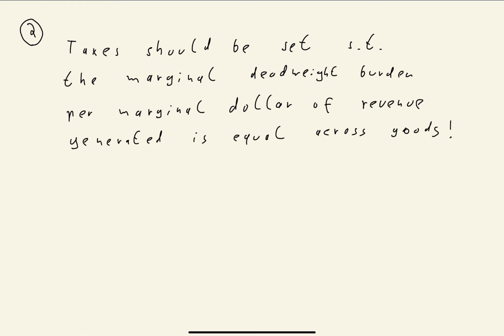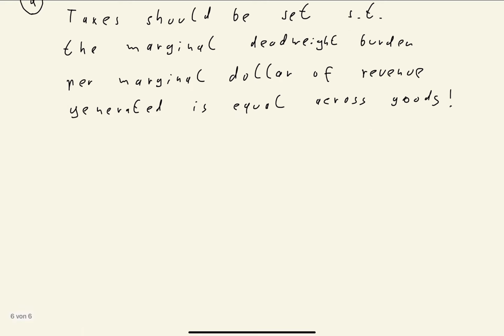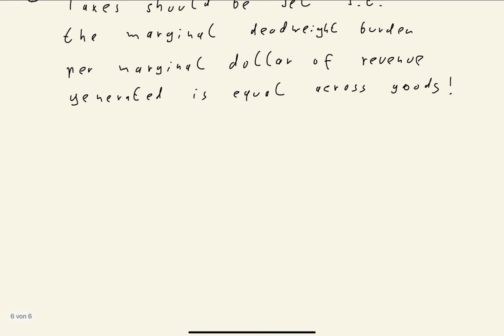What we will do now is compare those ratios for the three goods that we have here. We will calculate the marginal deadweight burden per marginal dollar of revenue for each of the goods. So let's calculate this.